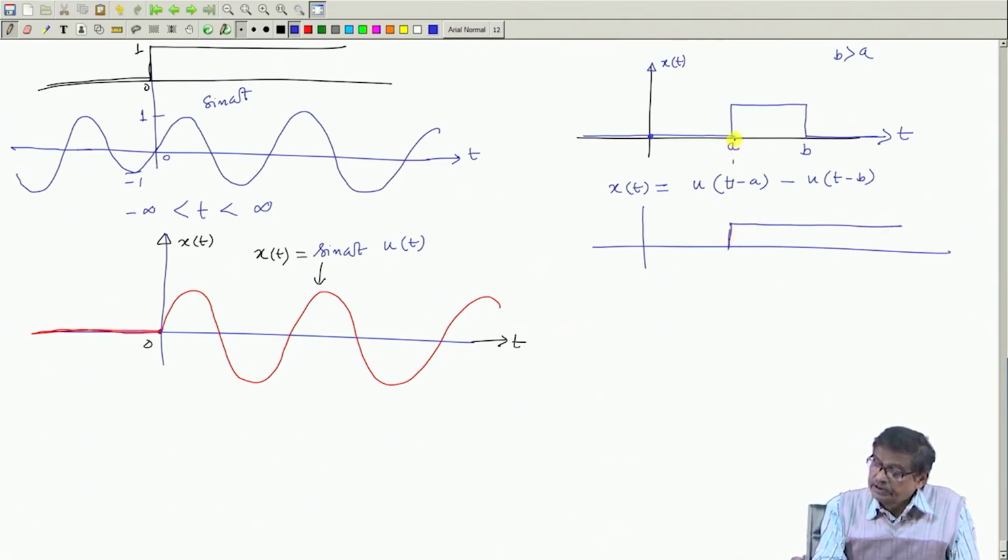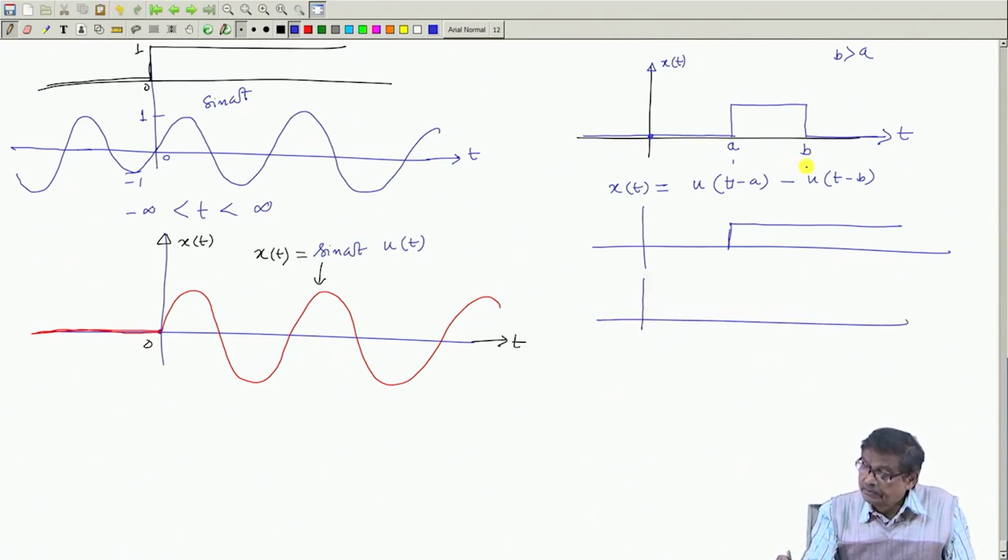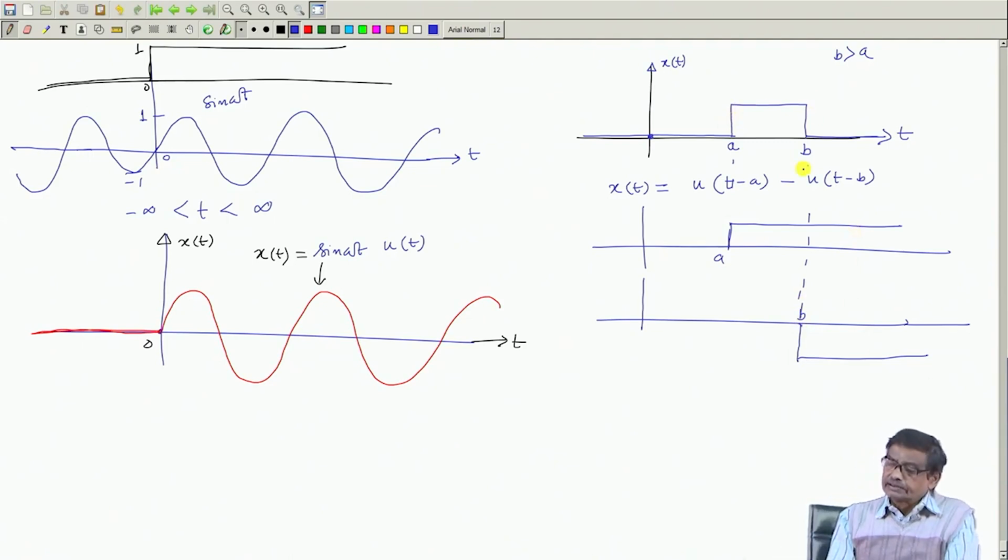So, the value of the function for t less than a is 0, and u(t minus b) is this, but negative of that will be this one. So, if you add these two, this will cancel out and give you this pulse. This is a very easy exercise, you can easily see.